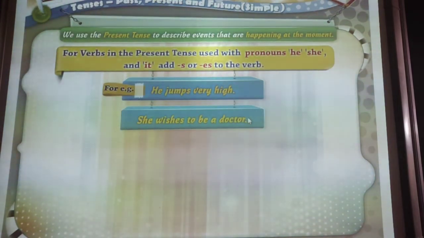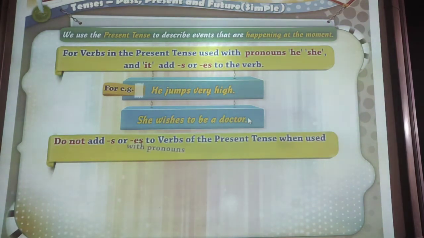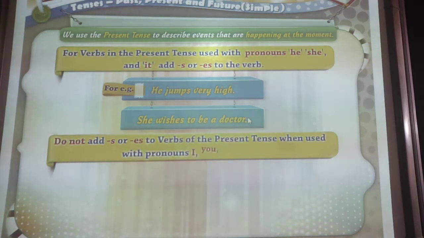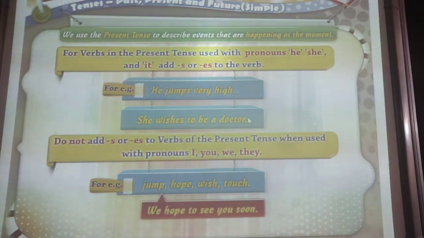She wishes to be a doctor. Do not add s or es to verbs of the present tense when used with pronouns I, you, we, they. Example: jump, hope, wish, touch. We hope to see you soon.